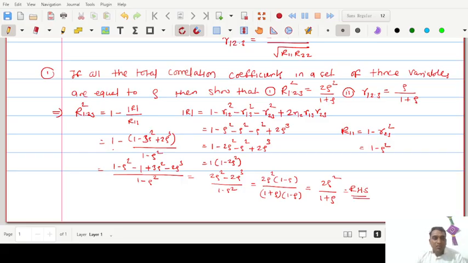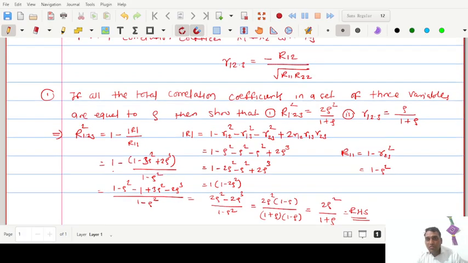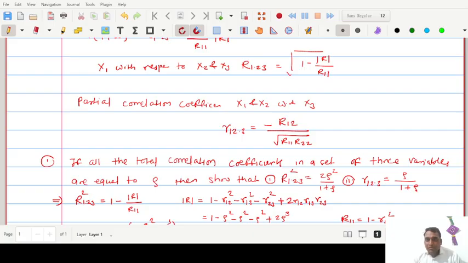In this way we can prove that R1.23 square is 1 minus determinant of R divided by R11. One more term is there, the partial correlation coefficient. Similarly, we use the formula, and according to that we can get the answer. R12.3 has the formula minus R12 upon under root of R11 R22.